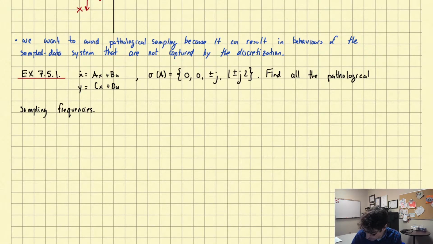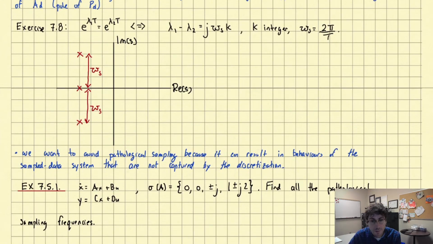And so remember, for us, pathological sampling will occur if we pick the sampling frequency such that this relationship holds between eigenvalues of A. Okay, so let's start by drawing the eigenvalues of A and see where it's possible to get this sort of relationship to hold.